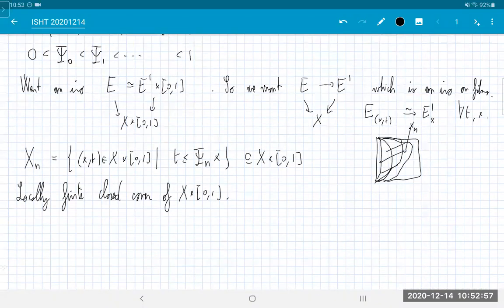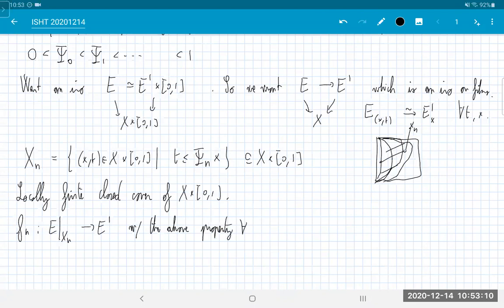And we're going to construct a map Fn from E restricted to Xn into E prime with the above property, for every n, in a compatible way. And then use the fact that if you have a map such that the restriction to every set of a locally finite closed cover is continuous, then the global map is continuous.